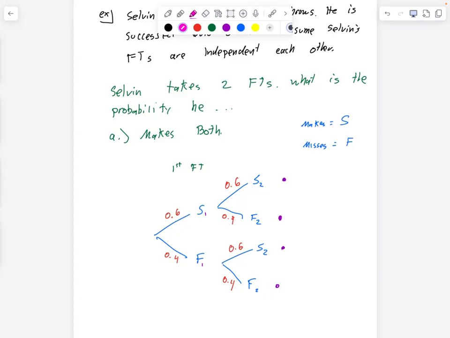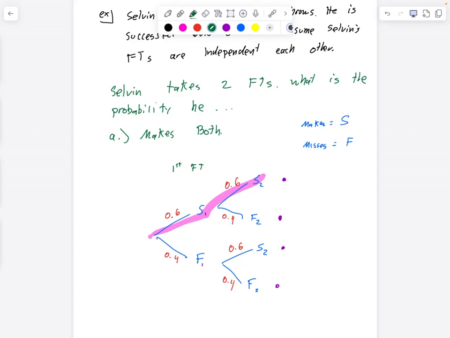Now, please note, the outcomes weren't equally likely. Selvin was not a 50% free throw shooter. So they were not equally likely, and that's why notice that each of these outcomes are different. They're not each 0.25 like we saw yesterday and also saw in our do now, right? So you can't just say 1 out of 4. Some of you will want to say, oh, what's the probability he makes both of them? 1 out of 4, because there's 4 outcomes.